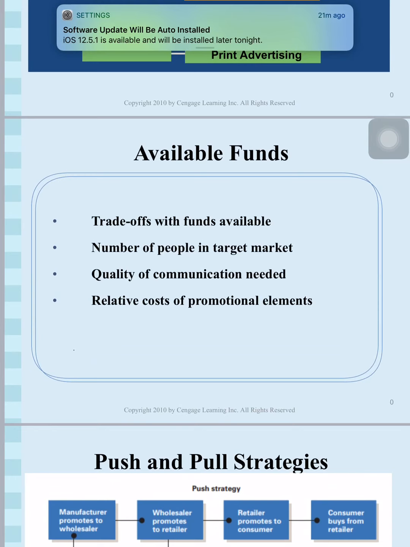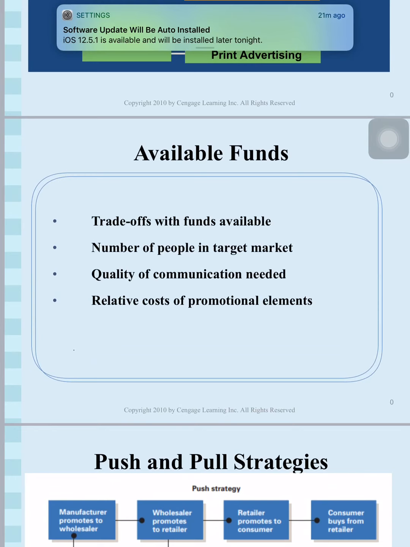So available funds actually depend on how much budget you have to choose the elements of the promotional mix.